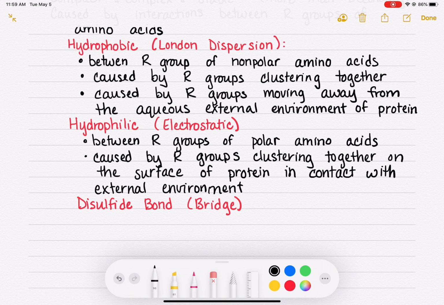Any polar or any nonpolar amino acids clumping together. The disulfide bond is very specific. It is between two cysteine amino acids. And that's it.